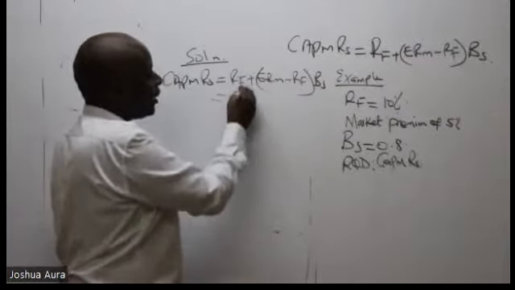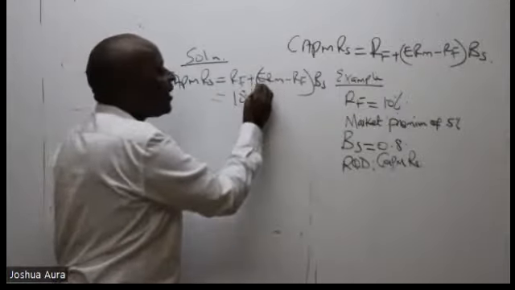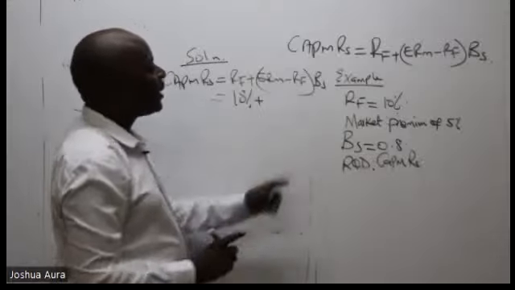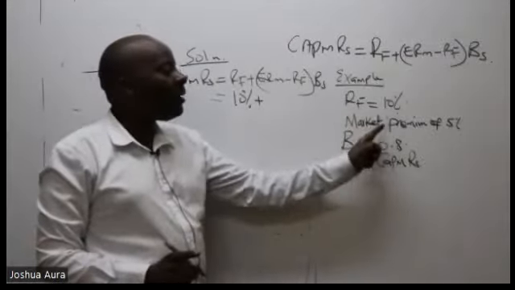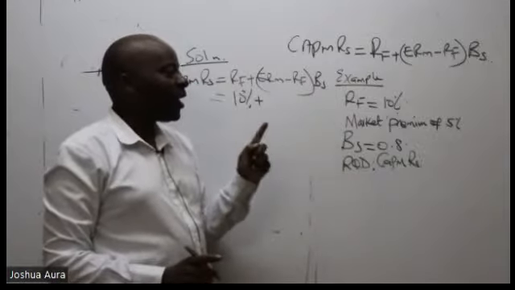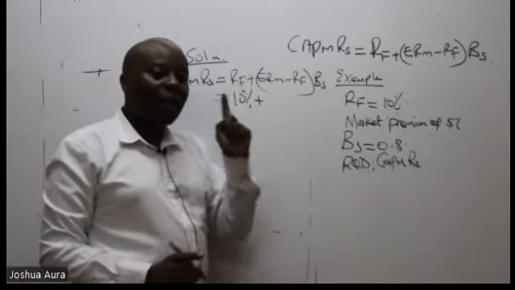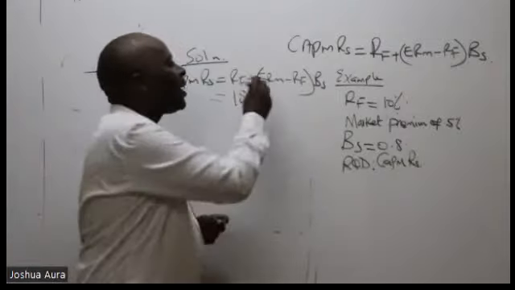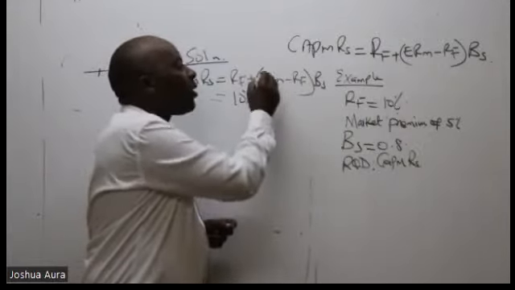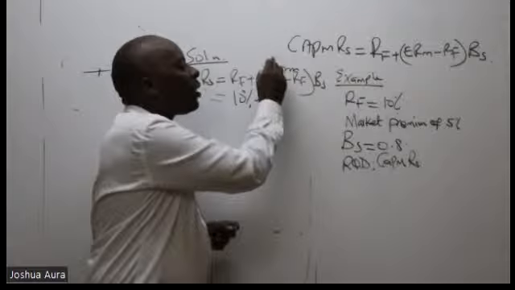The risk-free here is 10% plus, you see, this example has given us the market premium, and there are students who do not know that premium means over and above. Premium means that they have already subtracted for us. What we have in the bracket is what we call the premium.